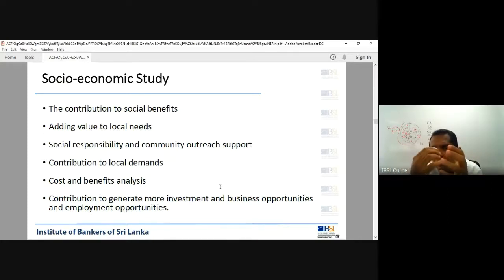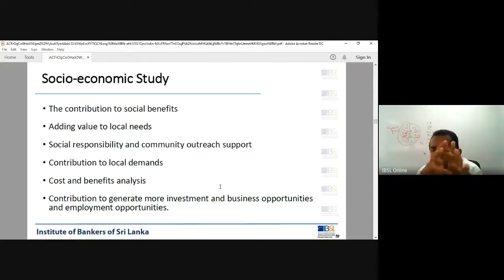When you create jobs, money goes into the society. Mainly girls were working there, so beauty items, clothing shops and eateries came in, because they have to supply lunch and tea. Van services came in to transfer people from distant villages. Like that, several things came.